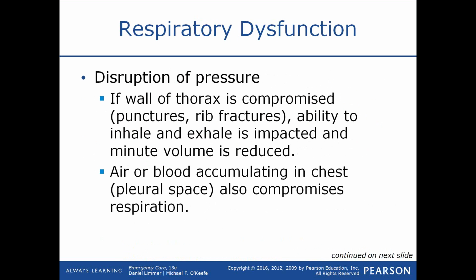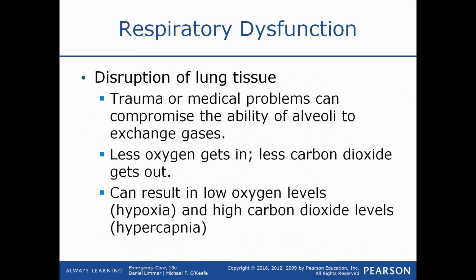Again, the importance of minute volume: if you don't move enough minute volume, you don't move enough air to stay alive. In a person who has a fractured rib that punctures the lung, air or blood will then accumulate in the chest and compromise breathing as well. Trauma or medical problems can compromise the ability of the alveoli to exchange gas.